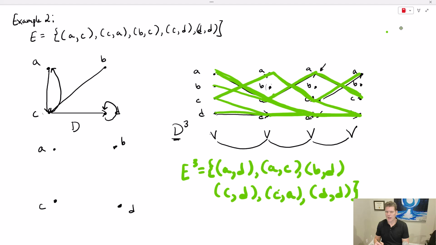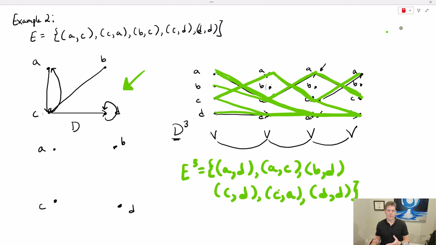So notice that what we have here in E3 is all the walks of length 3 that we can get from this particular graph G, or this relation E. The relation and the graph are the same thing. We're just representing one as the graph, and E3 as being the composition of the edge set with itself 3 times.